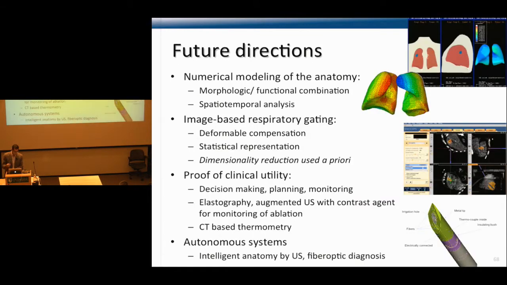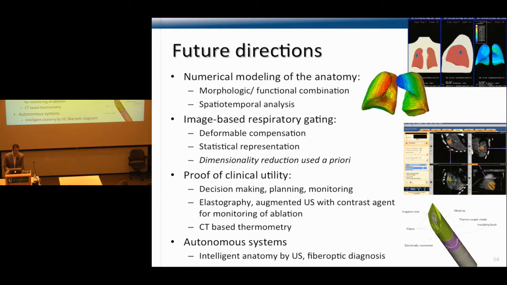So for future directions, what we're driving toward is creating better numerical modeling of the anatomy, to have better prediction of how cardiac and respiratory motion affect image-guided interventions, and also to use that for spatiotemporal analysis, either for disease progression or to better understand the anatomy from a physiological and morphological perspective.